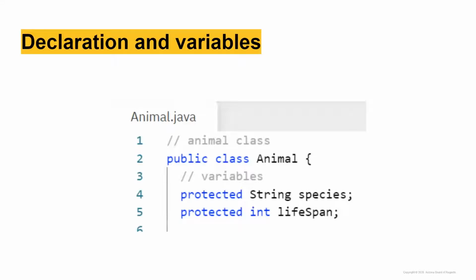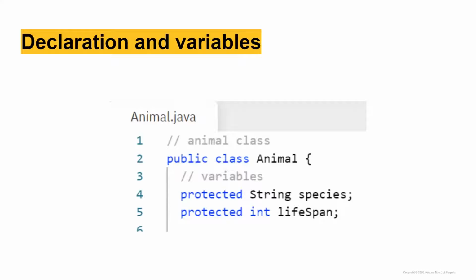So in this case, I comment that I'm starting the animal class, and then I make my class declaration of public class animal. That's the accessibility indicator, declaring it as a class, and then the name of the class, animal, which matches the name of the file.